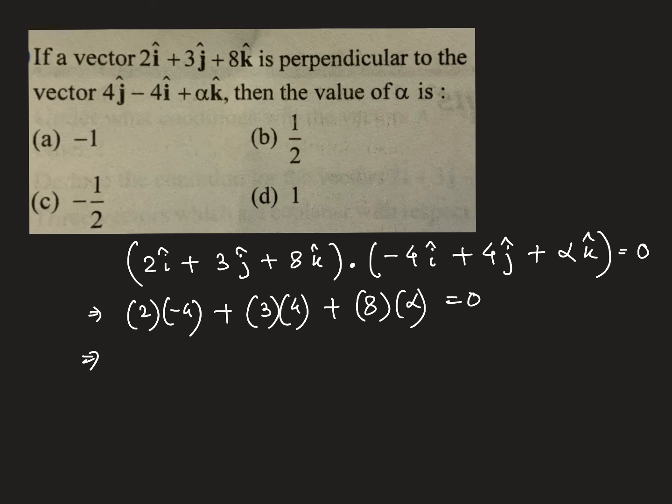Implies minus 8 plus 12 plus 8 alpha is equal to 0, implies 8 alpha is equal to minus 4.